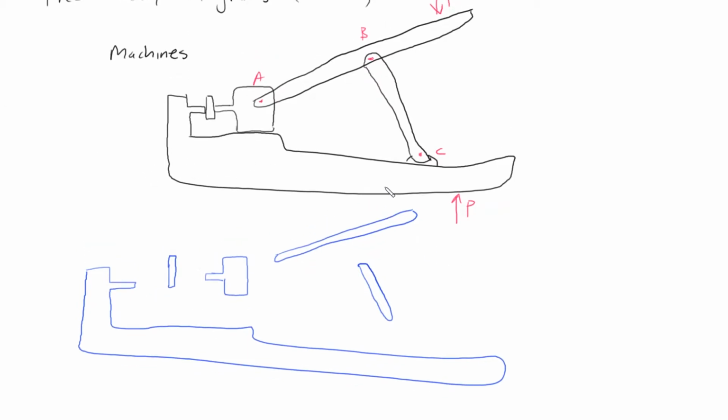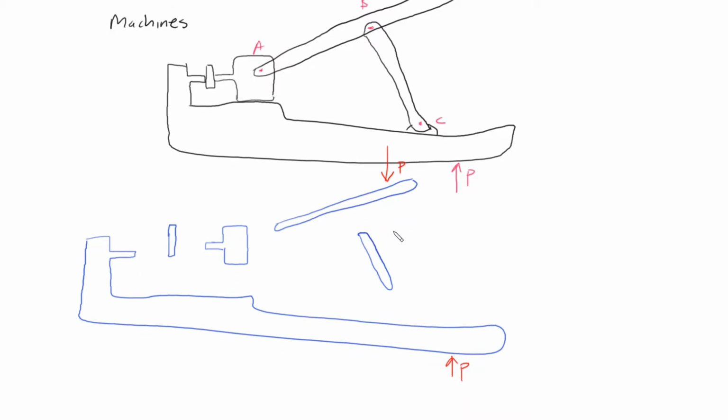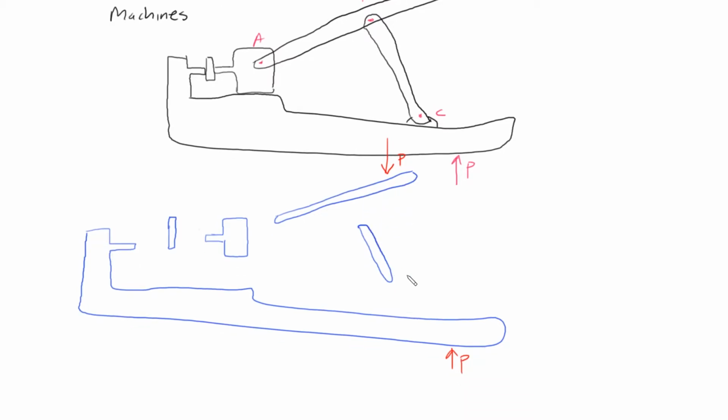free body diagram. So what's given here, we draw the force P, and we draw the force P here. And we know that this is actually a two force member, and for this to be in equilibrium, we have to draw forces that are in opposite directions but same in magnitude. So what we're going to do for that is going to be like that.